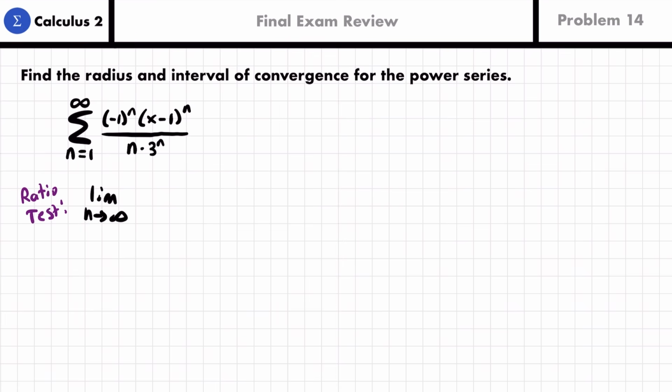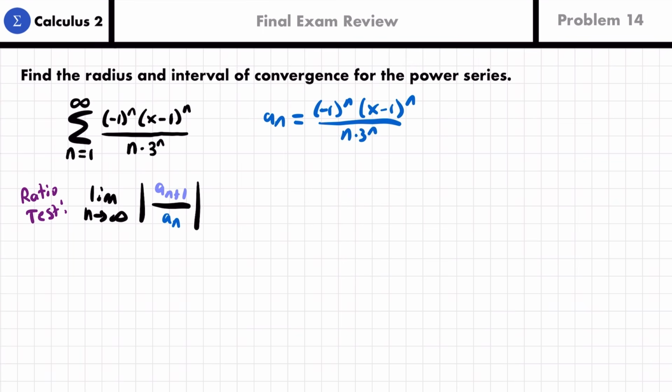But if I use the ratio test here, remember that we need to set up the limit as n approaches infinity of the absolute value of the a sub n plus 1 term for the series divided by the a sub n term. All right, so in this case, a sub n is just equal to the expression in the series. It is negative 1 to the power of n times x minus 1 to the power of n divided by n times 3 to the power of n.